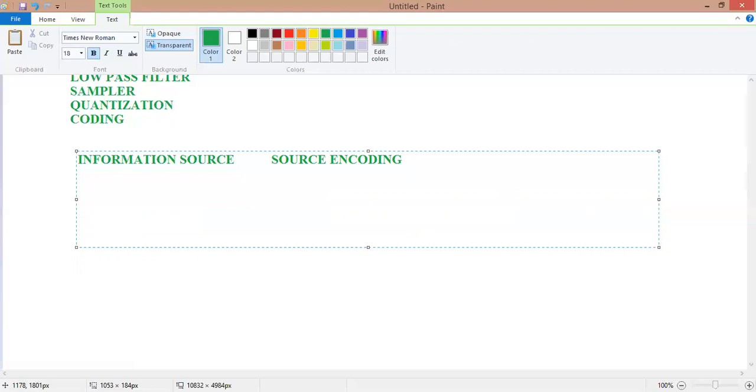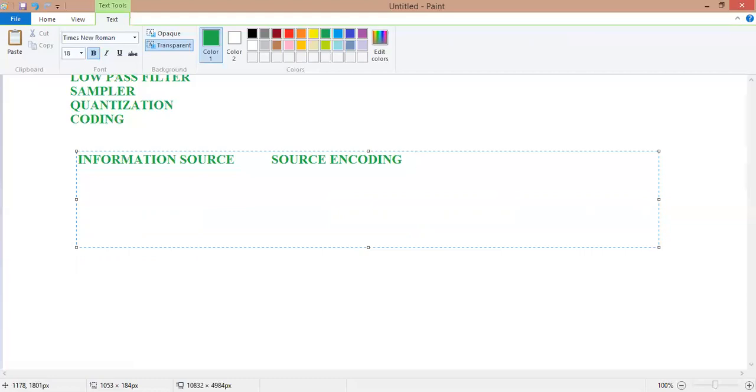So we do not want to send more bits in terms of zero. If the number of transmitted bits is smaller or more effective, then bandwidth usage is most efficient.